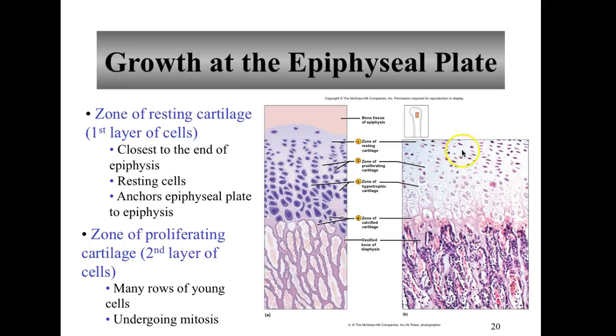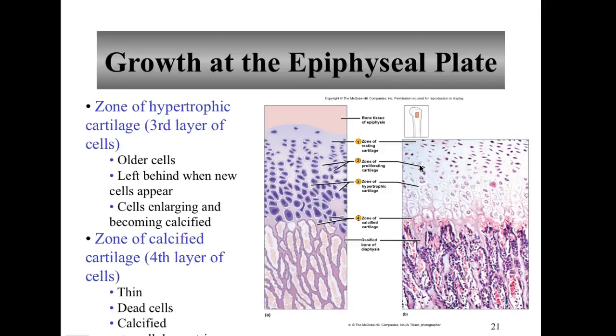So you have many rows of young cells that are continuing to undergo mitosis. In the next zone, you have the zone of hypertrophic cartilage. Basically, what's going on here is you're going to have extremely large chondrocytes that are arranged in columns.